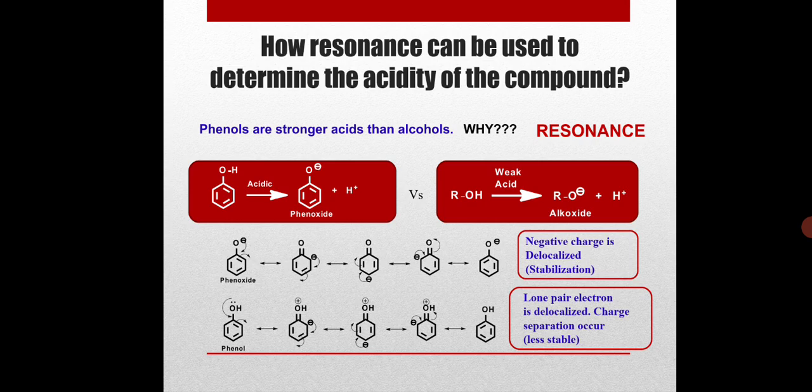In alcohol, the alkoxide ion does not have any such stability. Rather, the alkoxide ion is destabilized by the plus I inductive effect of the R group. And so, alcohols are less acidic than phenol.